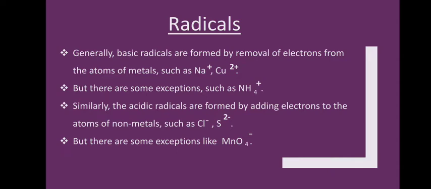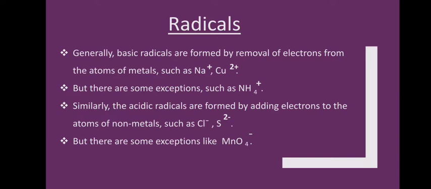Generally, basic radicals are formed by removal of electrons from the atoms of metals, such as sodium. Sodium has 11 electrons, right? One in its outermost orbit is removed, so it becomes a positively charged ion or radical. Followed, so this is a basic radical.